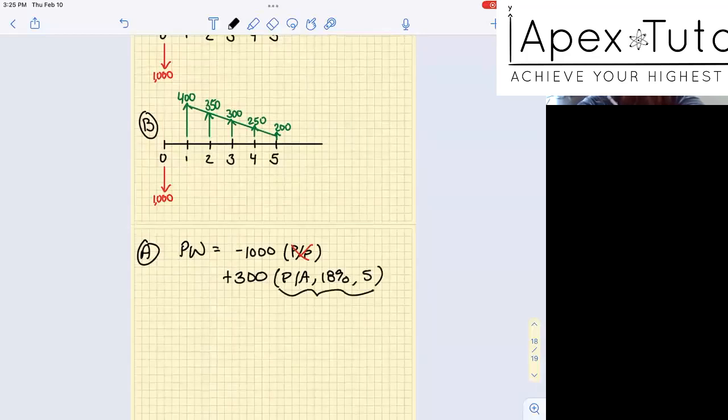So what do you get when you look that number up in the table? $3.127. Great. What do you get when you plug it all in?